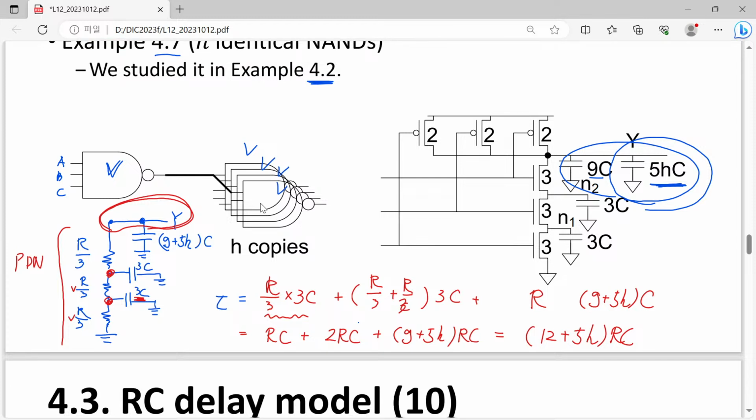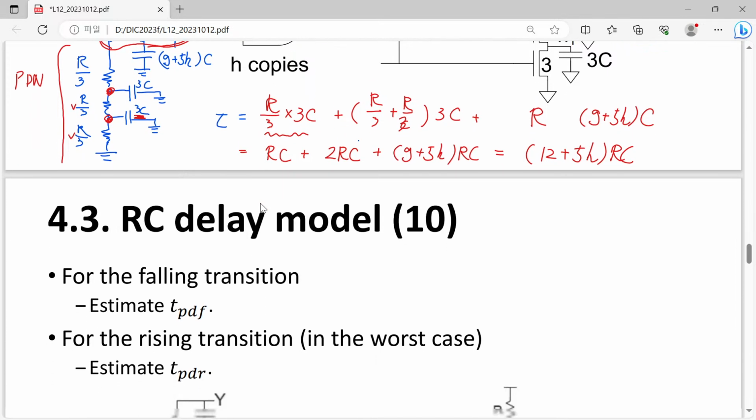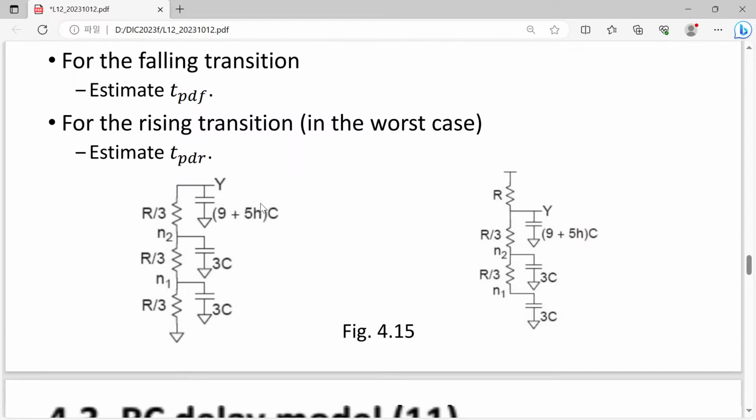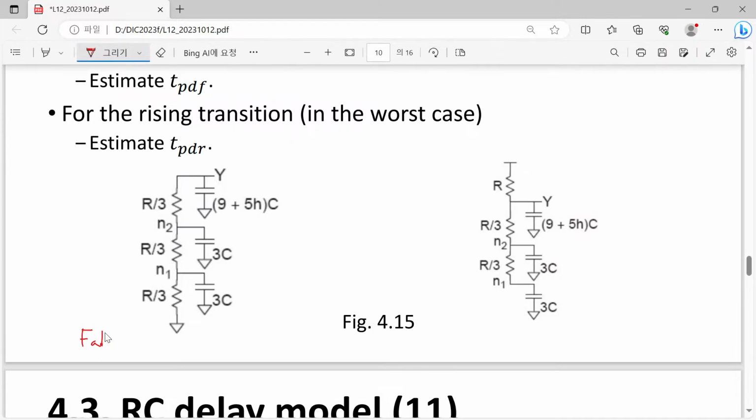We must draw a completely different RC network for this case. So let's just go to this one. Now this is the falling transition.